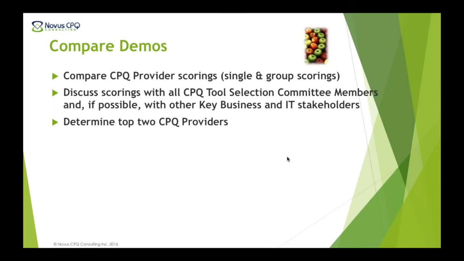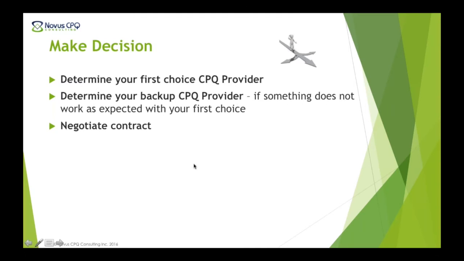You start the negotiation, and at least that's what we recommend, notify the second vendor, the backup vendor, that there is still a chance that they may come in, but the decision is expected in the next 4 weeks. So in this case, you have two solutions that you could potentially implement.